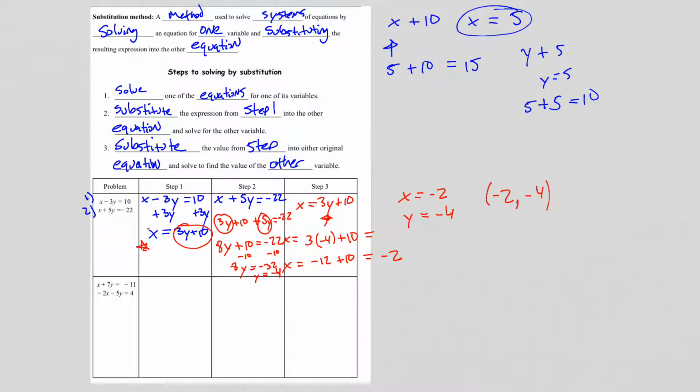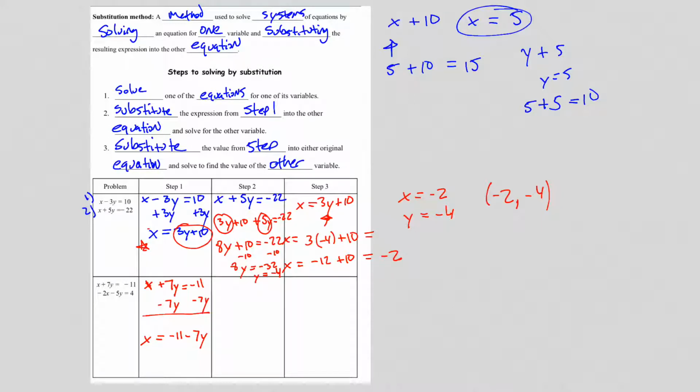So let's do this other example. If I have x plus 7y is equal to negative 11, I can solve for x by simply subtracting 7y from both sides. When I do that, I'm going to get x is equal to negative 11 minus 7y.